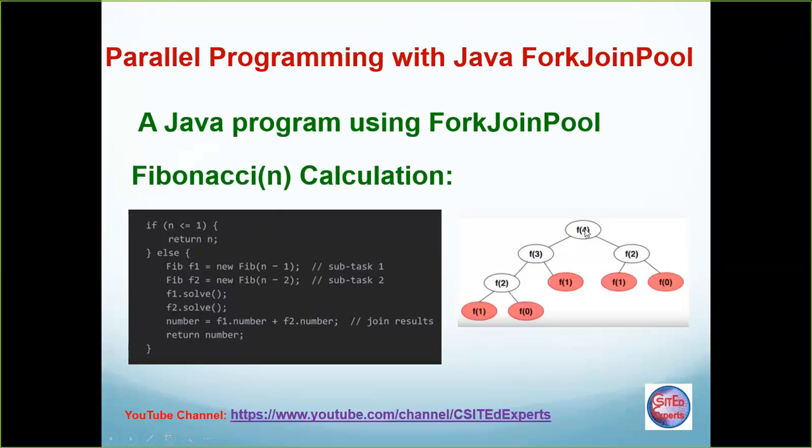So if I want to find the fourth Fibonacci number, okay, the concept is that Fibonacci 4 will be divided into two forks. The first fork will get Fibonacci 3 and Fibonacci 2, and then Fibonacci 3 will again be forked as Fibonacci 2, and Fibonacci 2 will be split, forked, as Fibonacci 1 and Fibonacci 0.